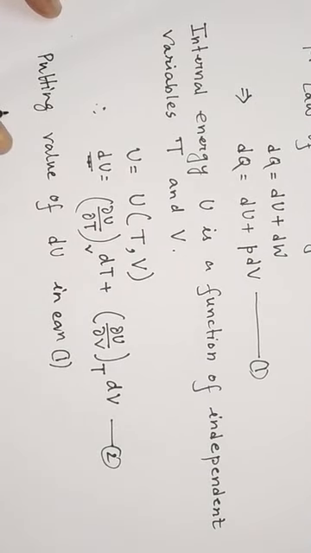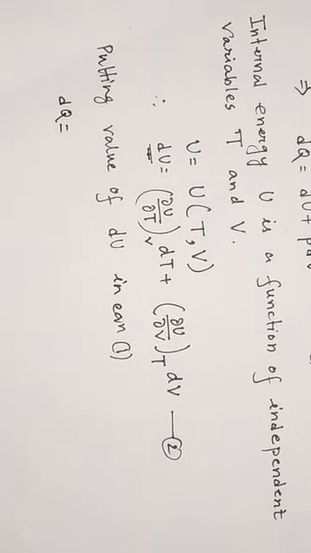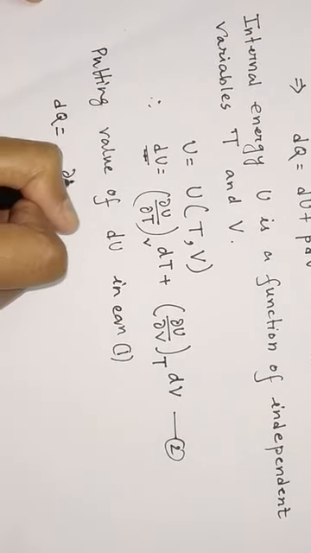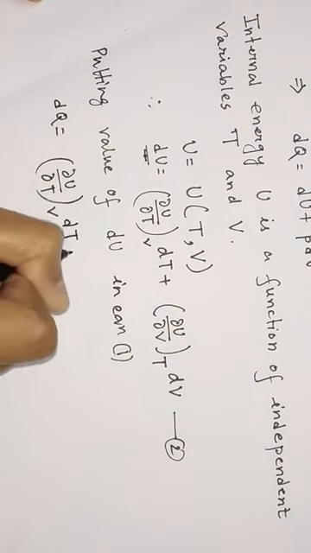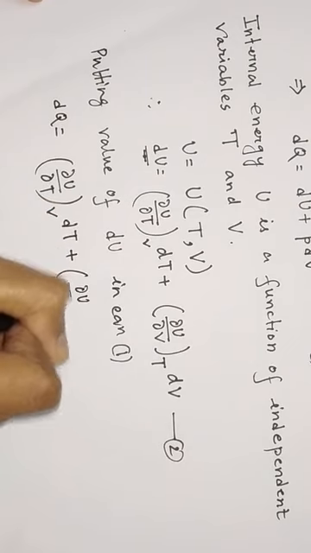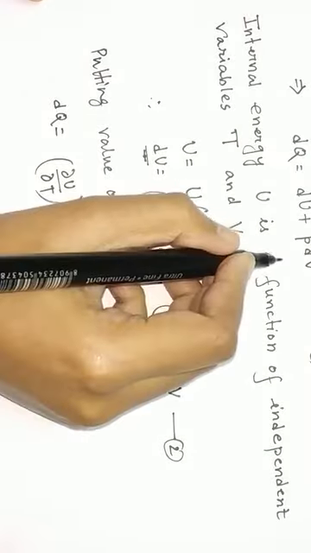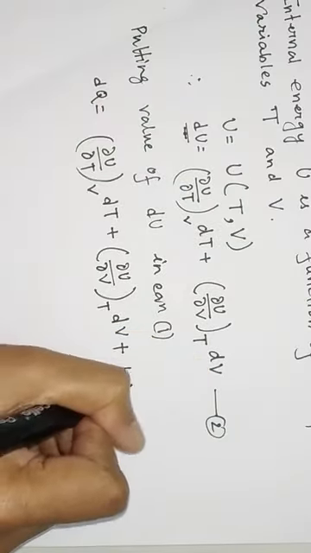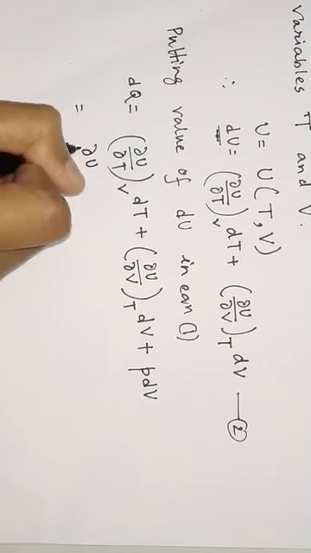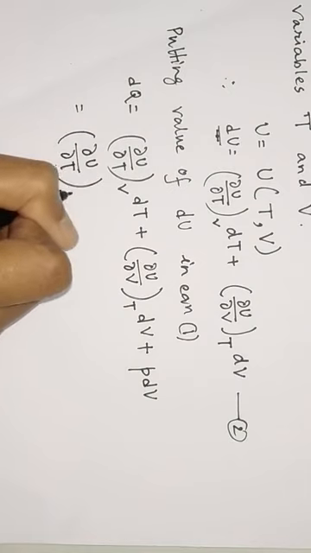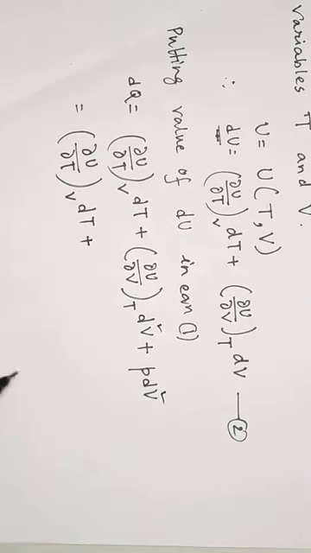So what do we get? We'll have dq equals the value of du, so del U del T at constant V dT plus del U del V at constant T dV plus P dV. We will keep the first term as it is. Then from the other two terms, we can take dV common.